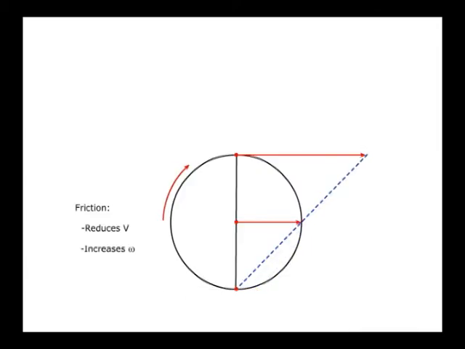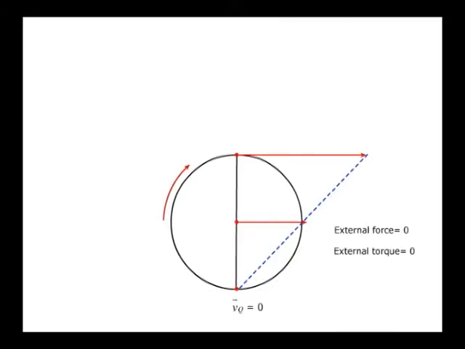As soon as the velocity of Q becomes zero, Q does not slide on the surface anymore, and hence the force of sliding friction disappears. Beyond this instant, there is neither any net external force nor a net external torque acting on the body.